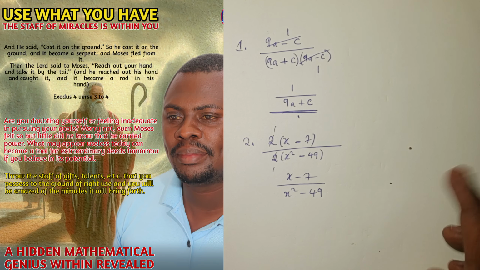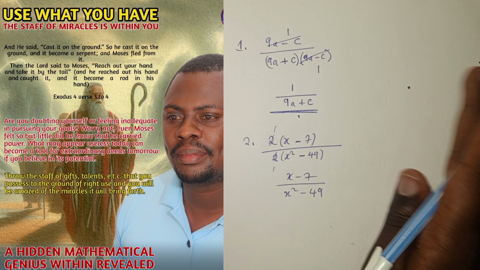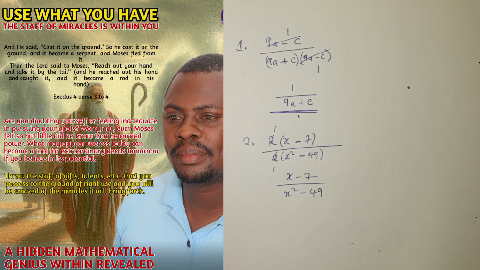Okay, again if you look at the denominator, it can be factorized again. We use a difference of 2 squares. We can say that there is a minus in between, and the two terms are perfect squares, because there is a square root of x squared and there is also the square root of 49.